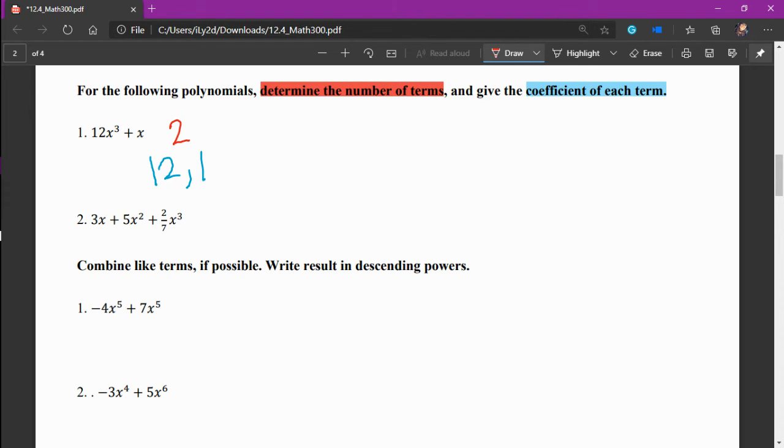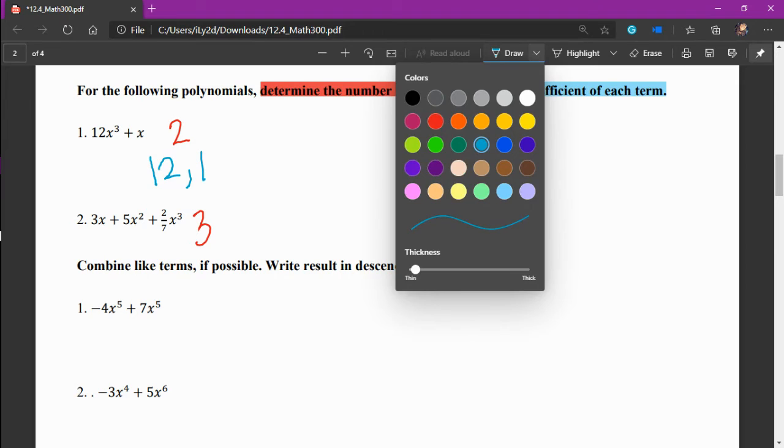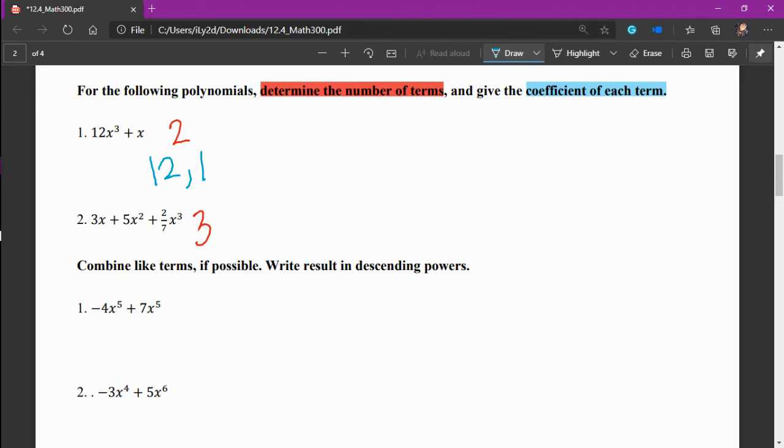Okay, so for our second example, determine the number of terms. I have 1, 2, 3 terms. Okay, switch to blue. And it wants us to give the coefficient of each term. The first term is 3x, so the coefficient would be 3.